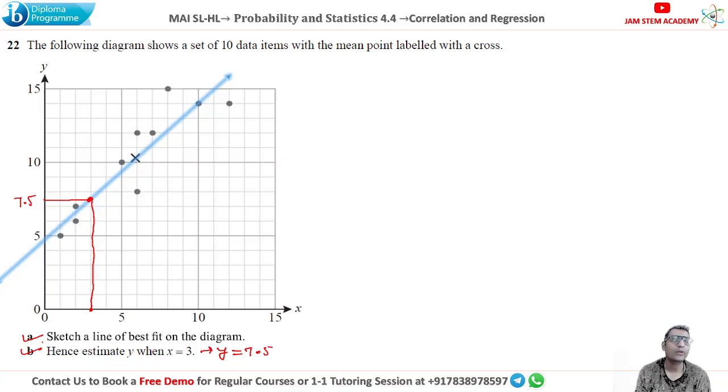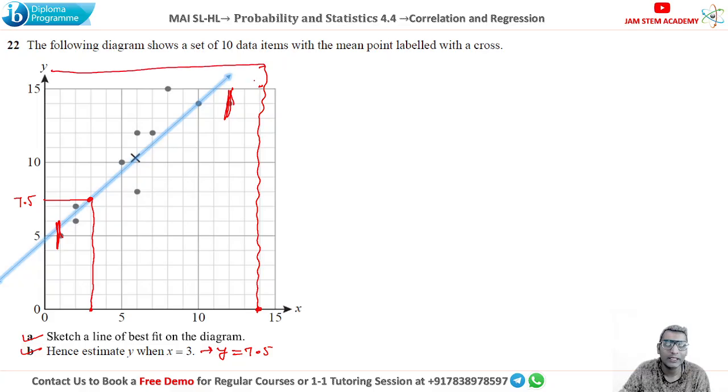Here we are calculating the value within these points, starting from this and ending at this. But if any question says find the value of y when x is, say, 14, then the corresponding y value will be our answer, but this time it is extrapolation.